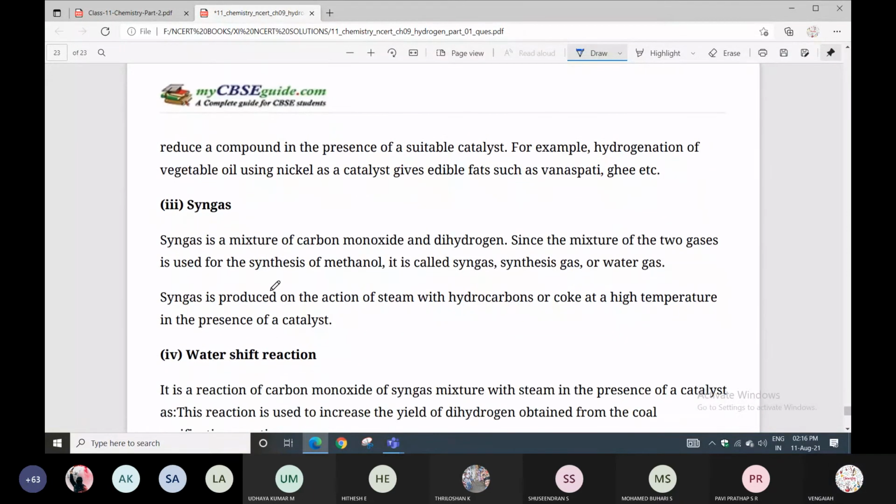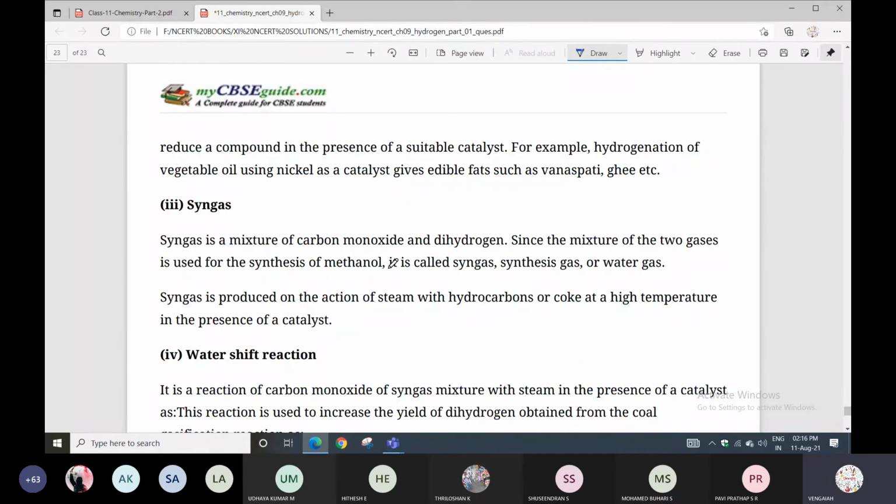Next one is syngas. Syngas is a mixture of carbon monoxide and dihydrogen. Since this mixture of gases is used for the synthesis of methanol, it is called synthesis gas, or water gas.